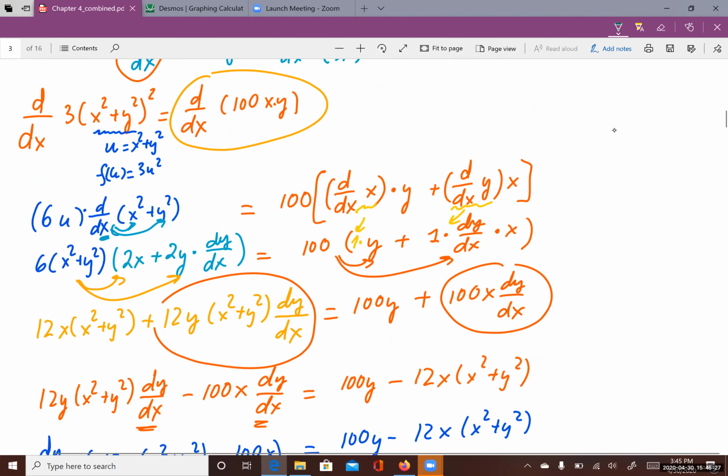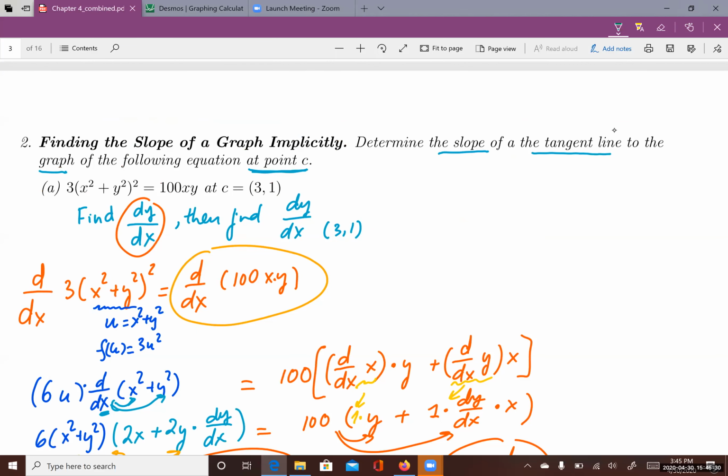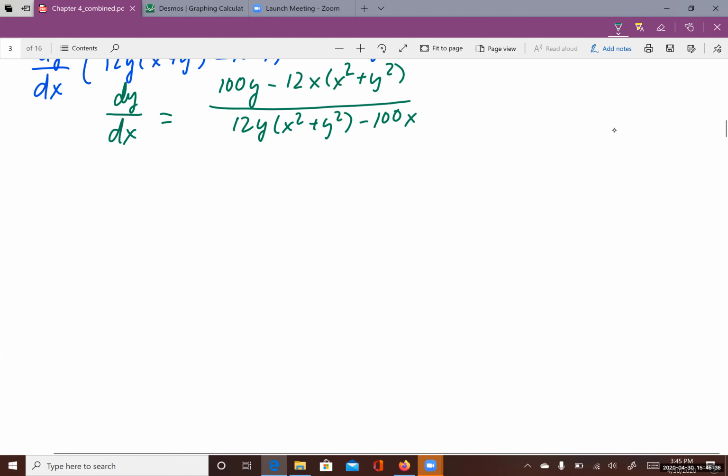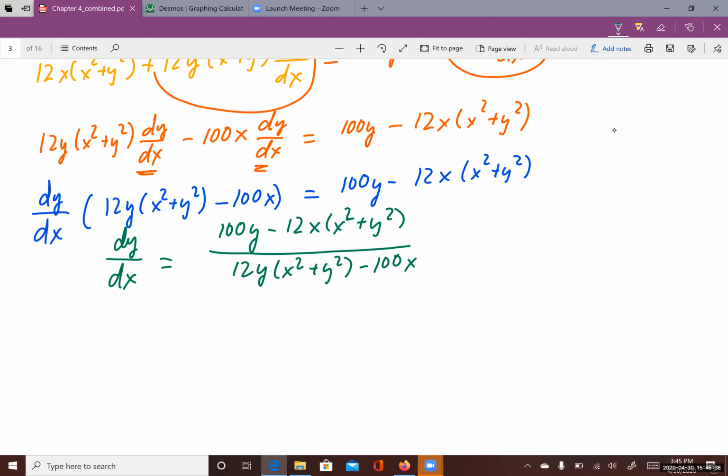Then the next step is I need to evaluate dy over dx at the point (3, 1). That means I plug 3 into the x's and 1 into the y's.